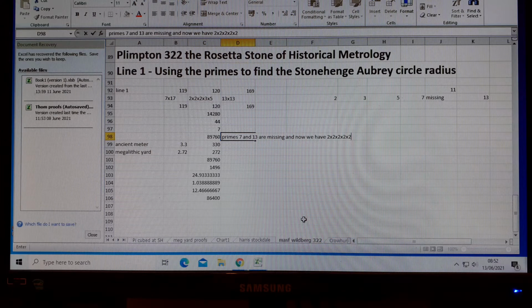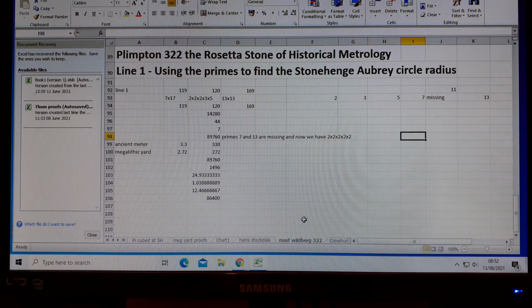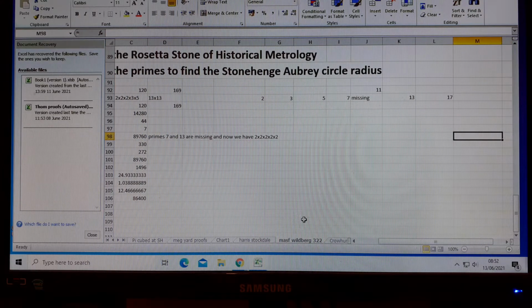And we look here at the primes that are there in line 1, and we've got prime 2, 3, 5, 7, 11 is missing, 13 is there, and 17 has gone off the side of the page. Now that was there before, which is a bit disappointing.